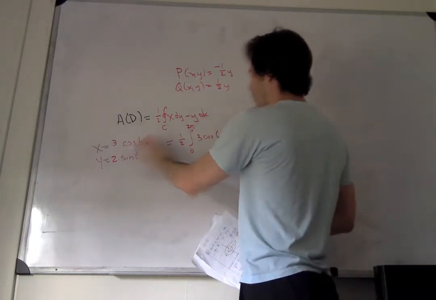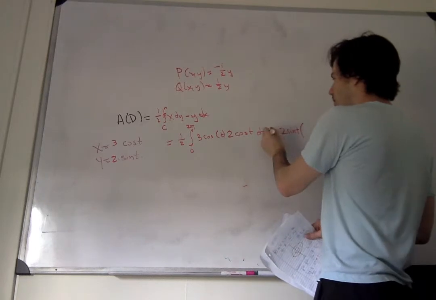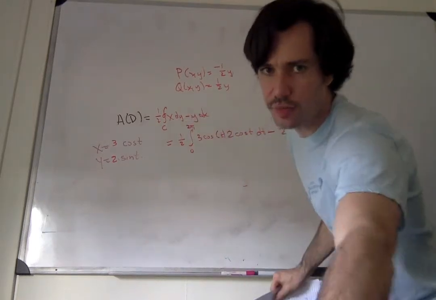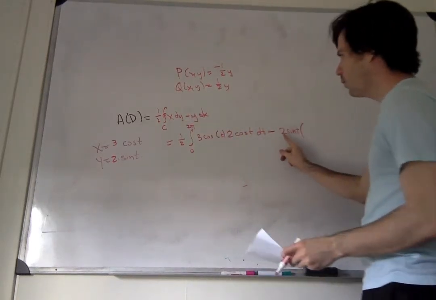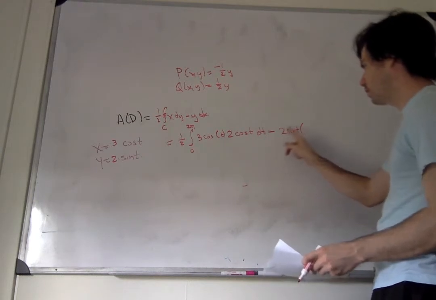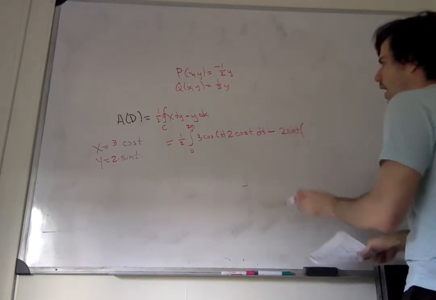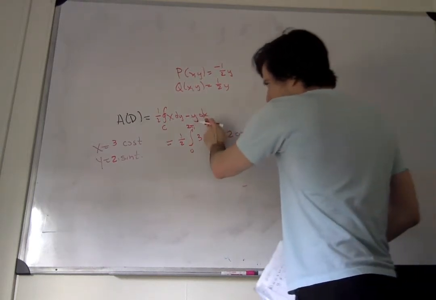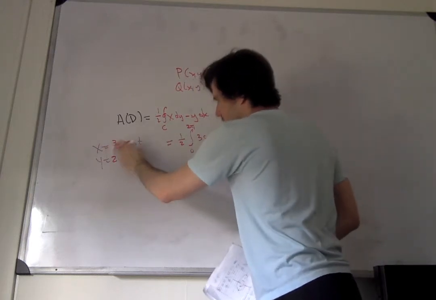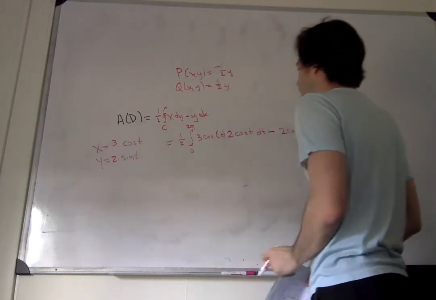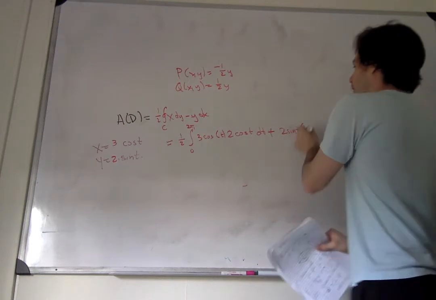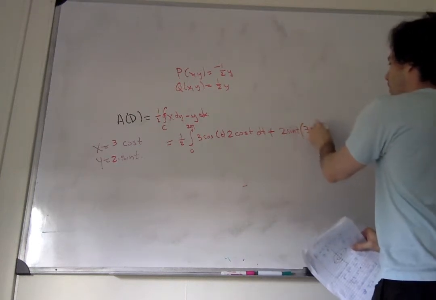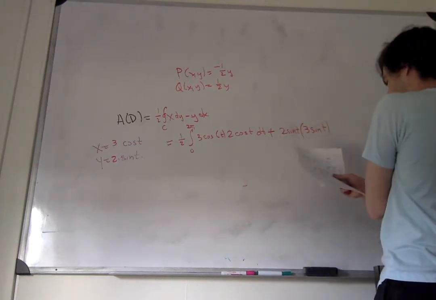The derivative of x is negative 3 sine t. You have a minus here because that's what we were told to do, is subtract. So you pick up that negative, and then 3 sine of t dt.